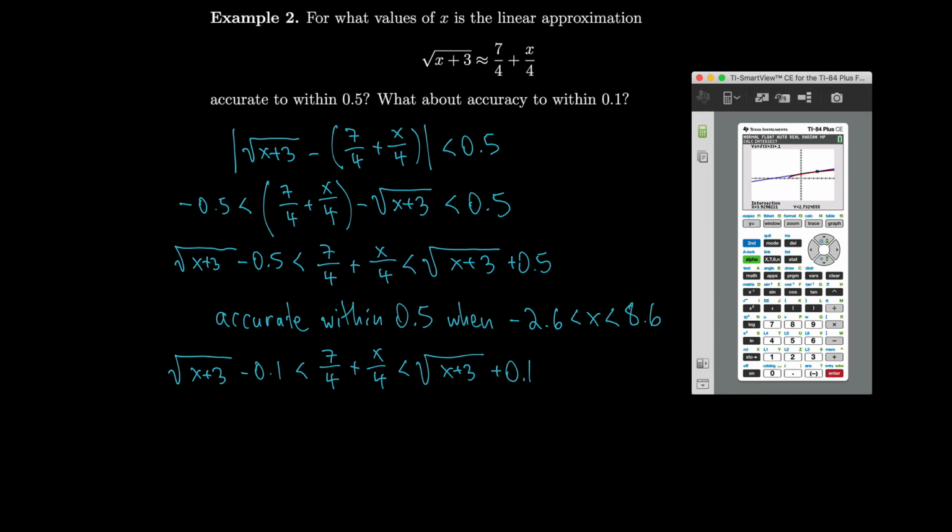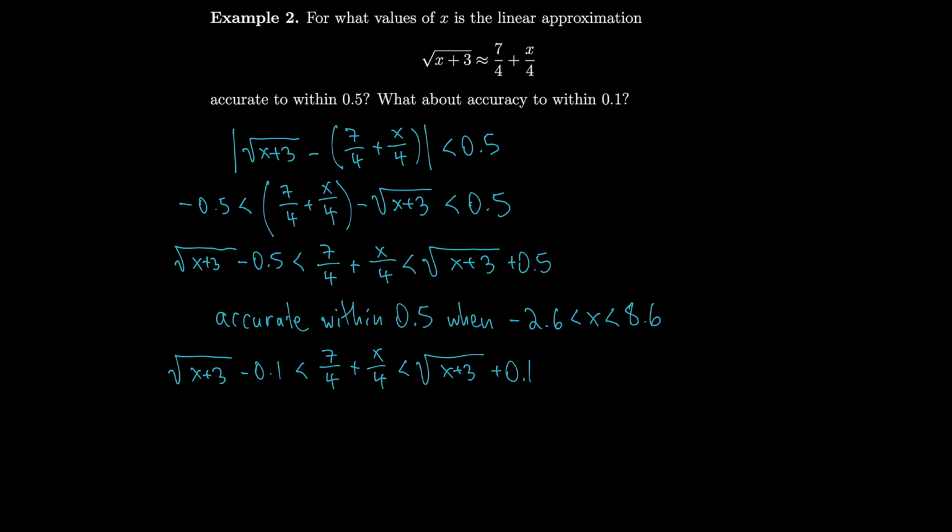Alright, looks like 3.93 something. So we'll go smaller, make it 3.9, so that we're on the safe side. So this thing will be accurate within 0.1 when x is between minus 1.1 and 3.9.